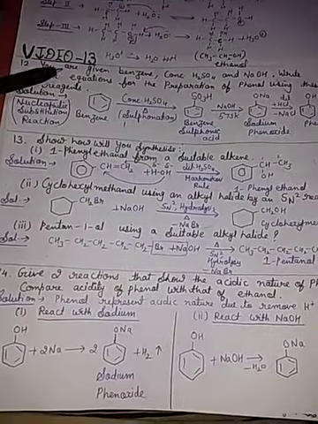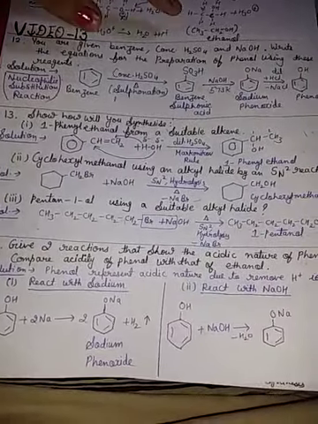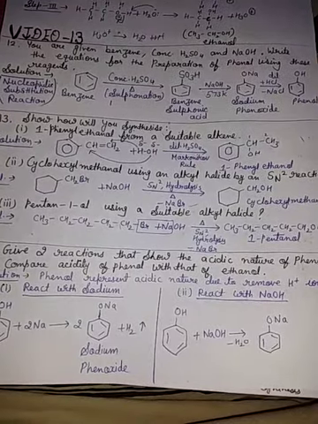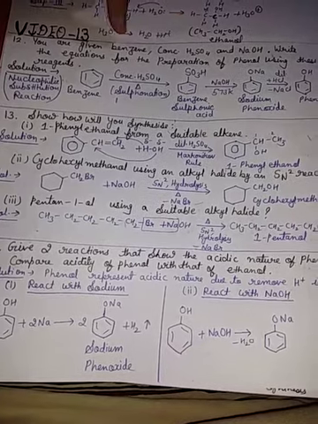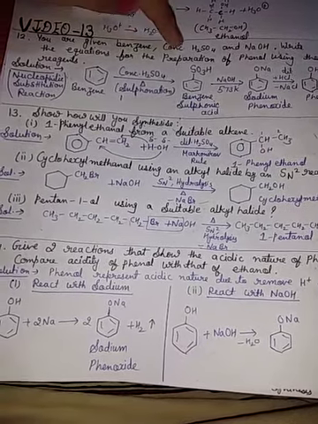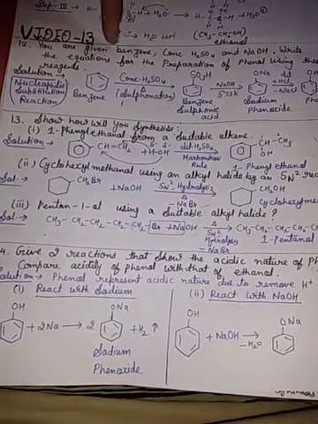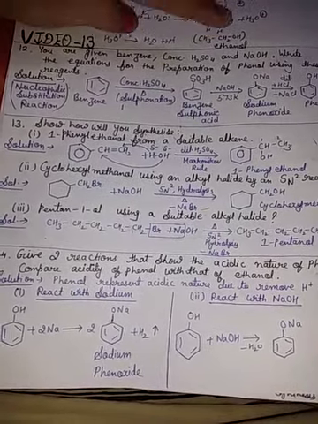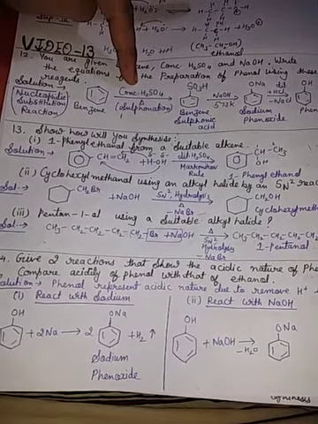You are given benzene, concentrated H2SO4 and NaOH. Three reactants are given. The question is: write the equation for the preparation of phenol using these reagents. In the first step, benzene reacts with concentrated H2SO4.